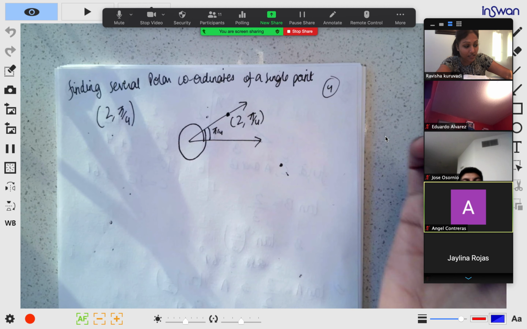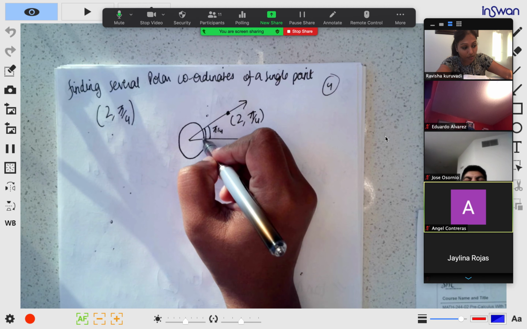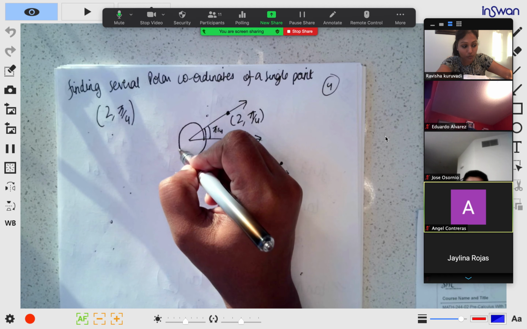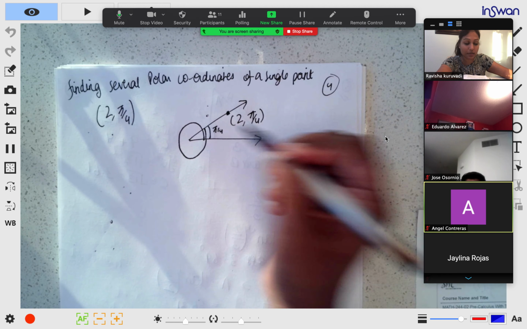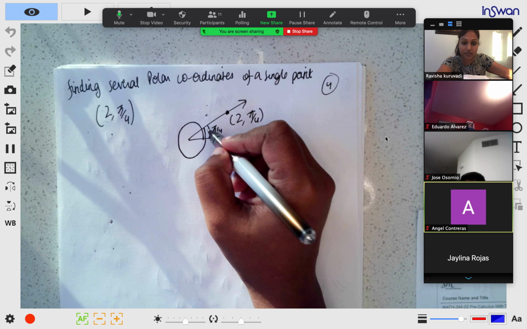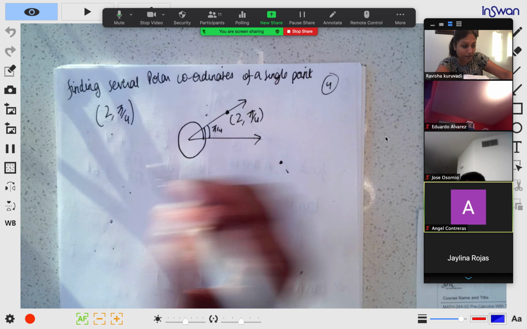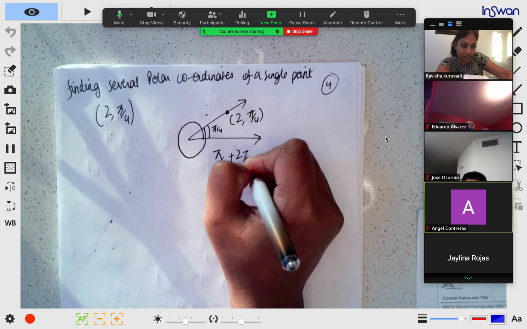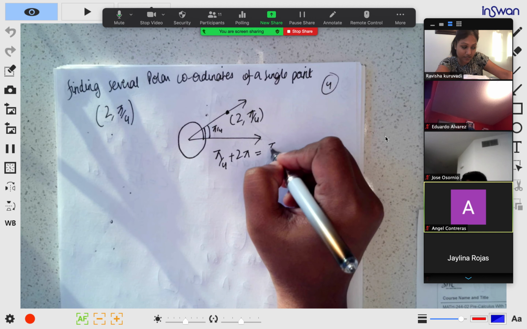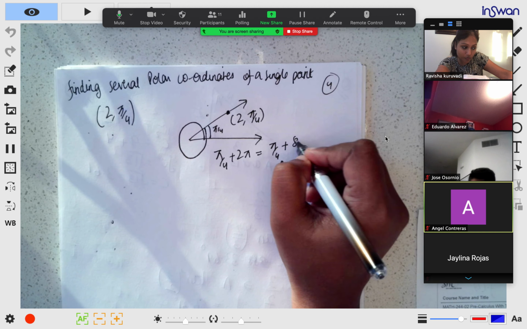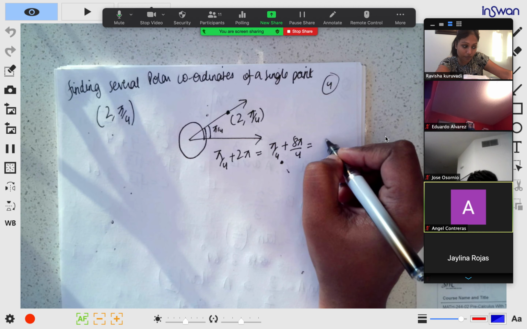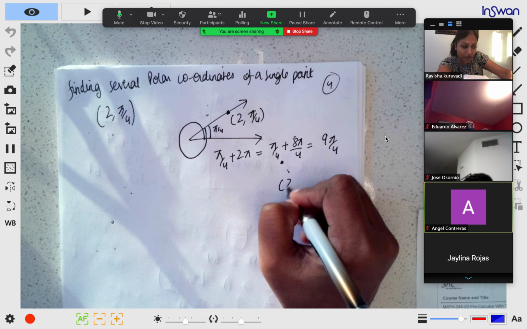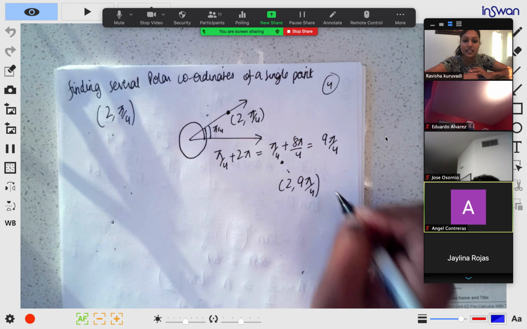So basically I start from this point, go all the way around, and come back to this point. It gives me the same line with the same distance. So in pi by 4, if I add 2 pi, which is 8 pi over 4, it comes out to be 9 pi over 4. So technically the coordinate 2, 9 pi by 4 will also give me the same answer.